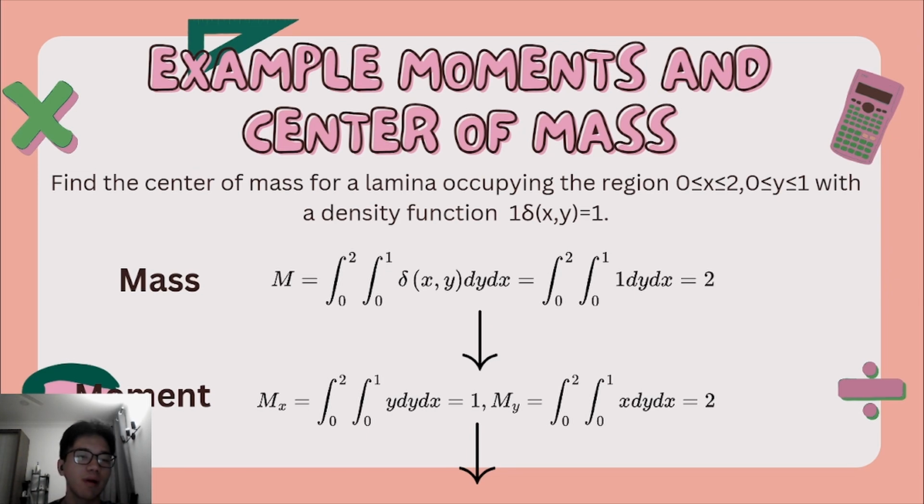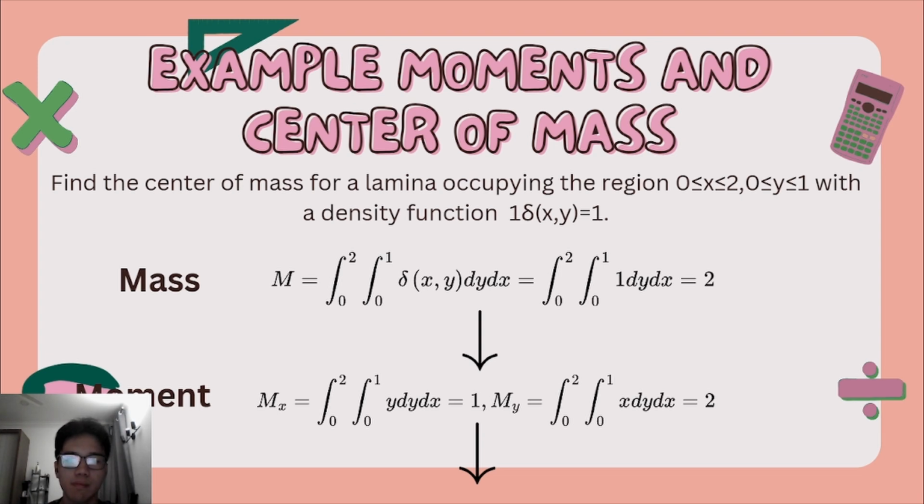The question is to find the center of mass for a lamina occupying the region 0 is less than or equal to x, x is less than or equal to 2, and 0 is less than or equal to y, y is less than or equal to 1, with the density function delta of x, y equals 1.